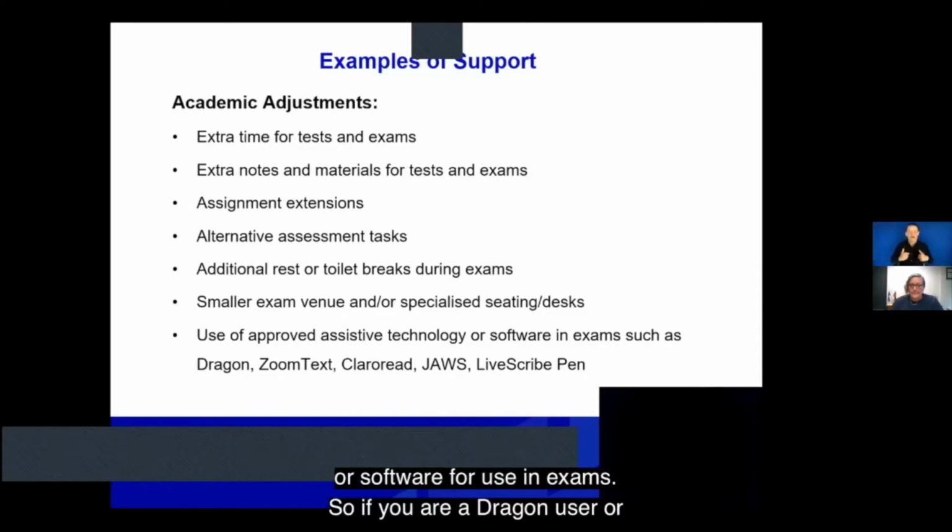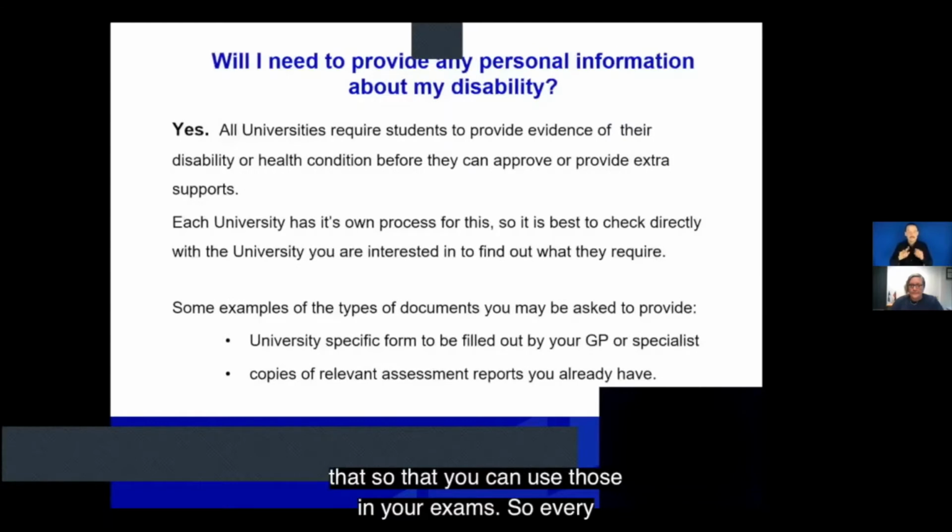So if you are a Dragon user or ZoomText or JAWS user, or those sorts of things, then we can organise that so that you can use those in your exams. Every university does require you to provide some evidence about your disability or health condition, and that helps the advisors to make sure that they get all the supports and appropriate things in place for you.